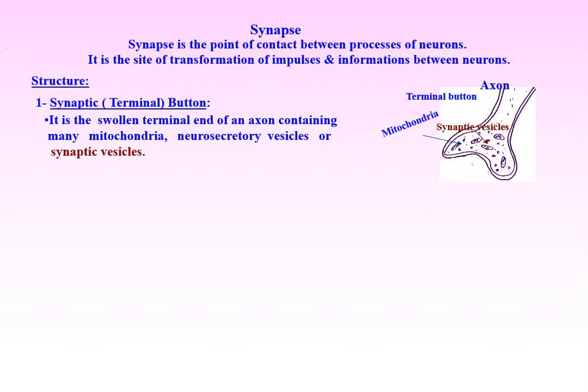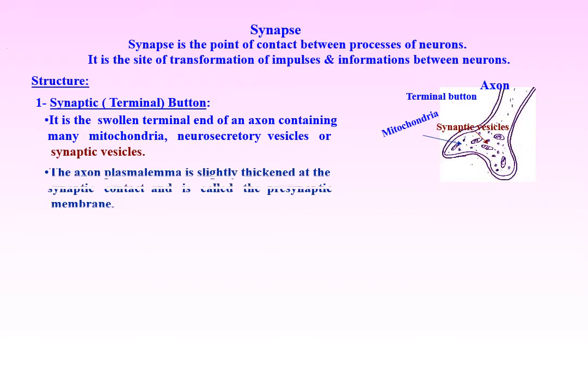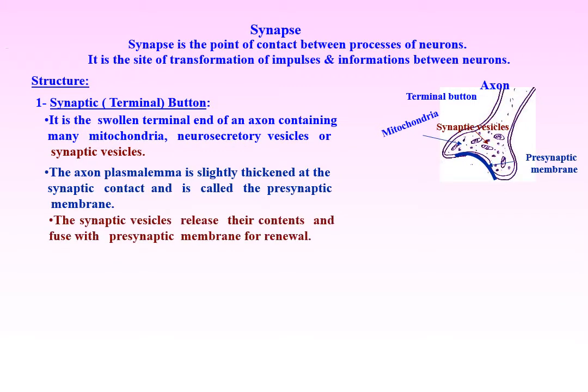The plasma lemma of the axon at the site of synaptic contact is slightly thickened and is called presynaptic membrane. The synaptic vesicles release their contents and fuse with the presynaptic membrane for renewal.